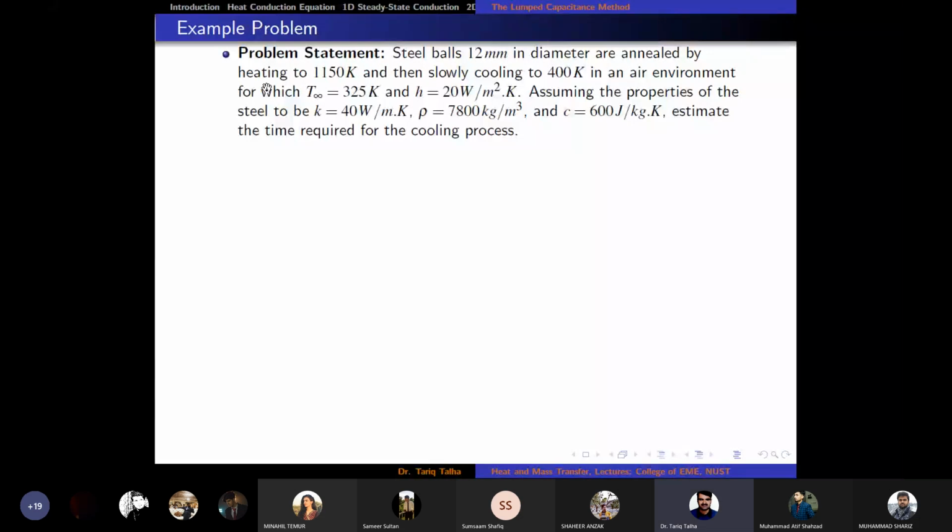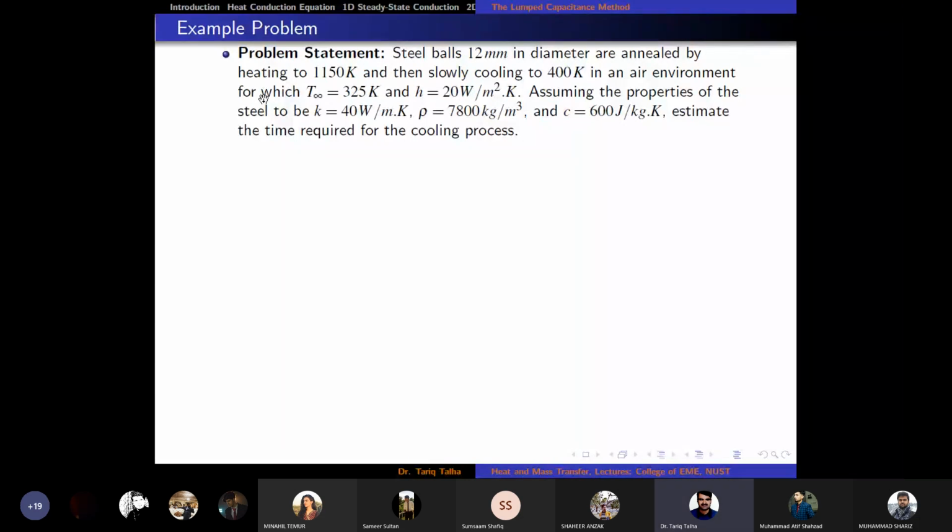So first of all, we heated it up to 1150 Kelvin, and then we slowly cooled it, which is basically the process of annealing, to 400 Kelvin in an air environment. So we are putting it in a stationary air environment, which gives a gradual cooling rate, for which T infinity is 325 Kelvin, and h for that air is 20 watt per meter square Kelvin.